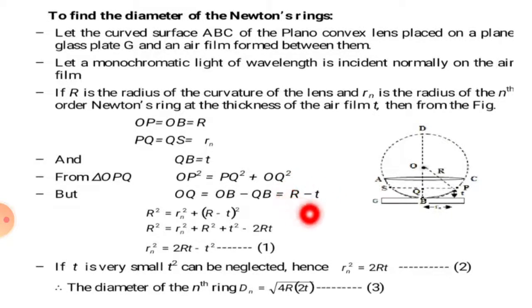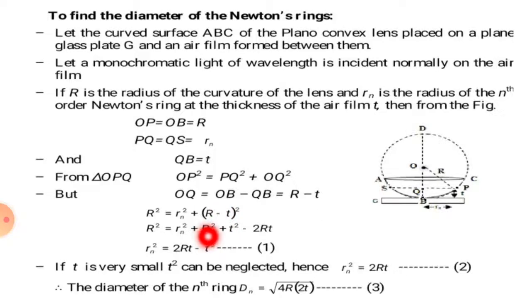Now substitute these values in the above expression. We get OP square, which is R square, equal to r square plus R minus t whole square.